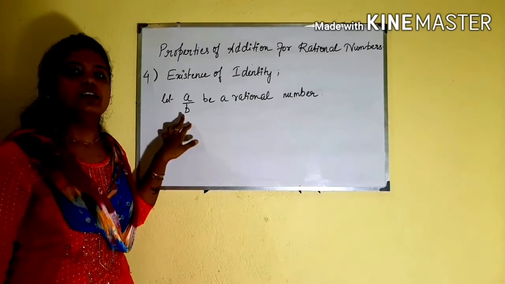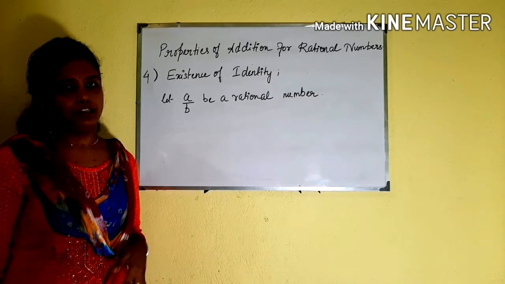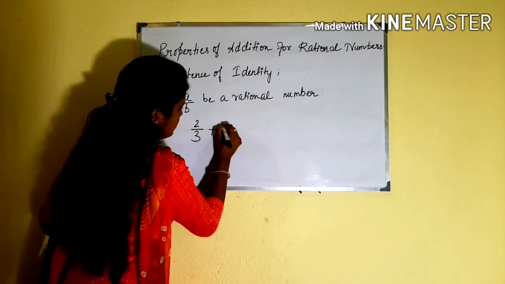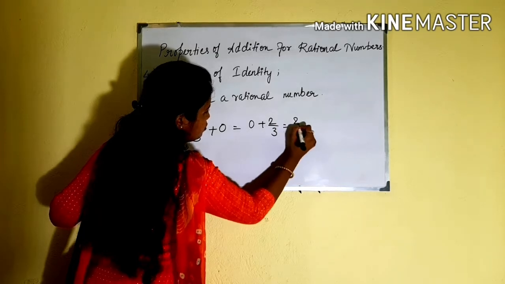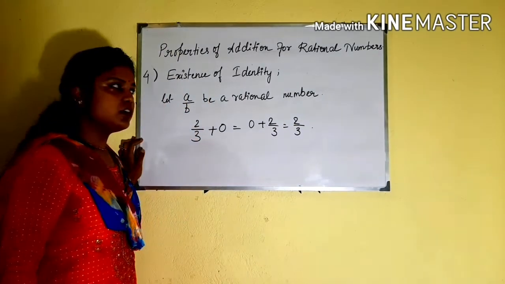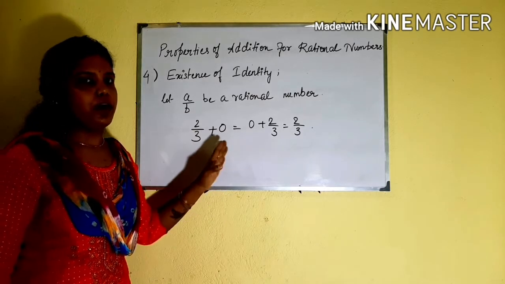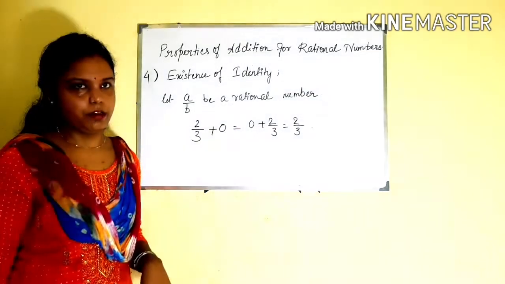If you add 0 to any rational number, you will obviously get the same rational number. So, take for example 2 by 3 plus 0. You get 0 plus 2 by 3, that is equal to 2 by 3. So, this is the identity for rational numbers. Whenever you add 0 to any rational number, you get the same rational number.